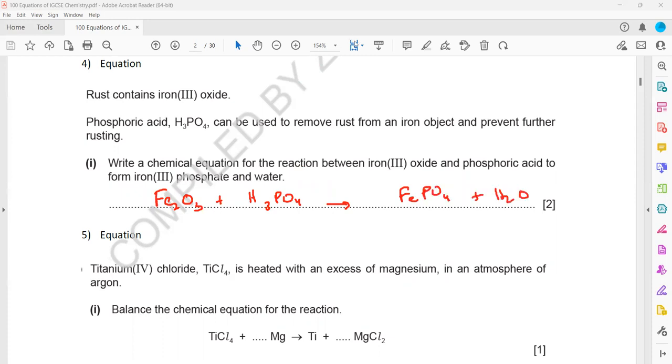Then when we balance, we start with oxygen. 7 oxygen, we should have 7, so we put 3 here. Then hydrogen, 6 here, so we put 2, and hydrogen is balanced. Then iron 2, so we put 2, iron is also balanced, and phosphorus is also balanced. So the rest of them are balanced.